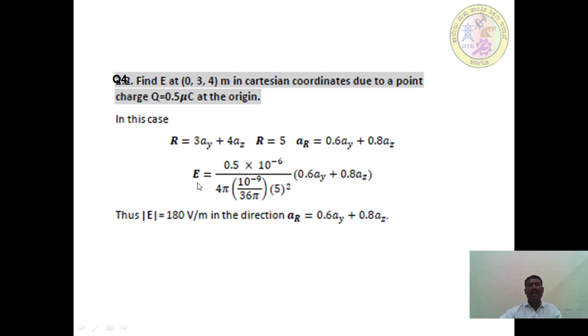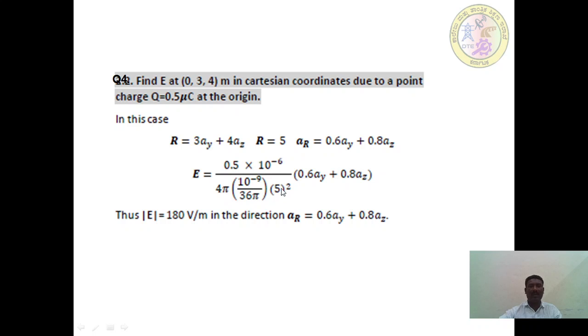Substitute in the electric field intensity equation, that is Q divided by 4 pi epsilon naught R square. Here Q is given as 0.5 micro, that is 10 raised to minus 6, divided by 4 pi epsilon naught.